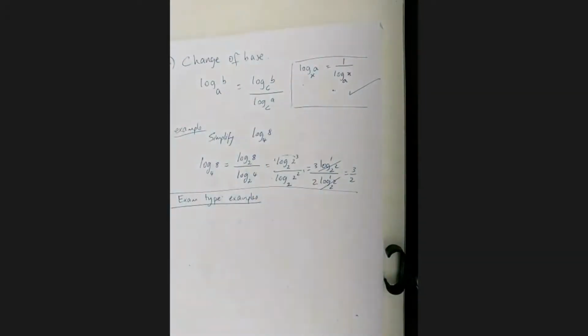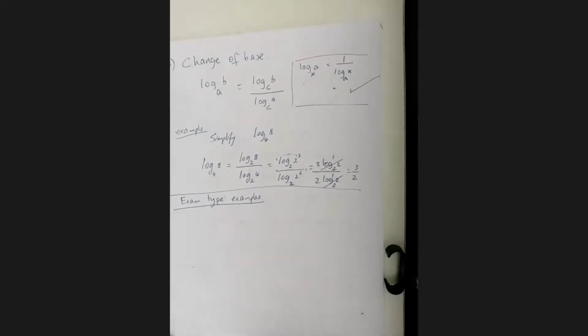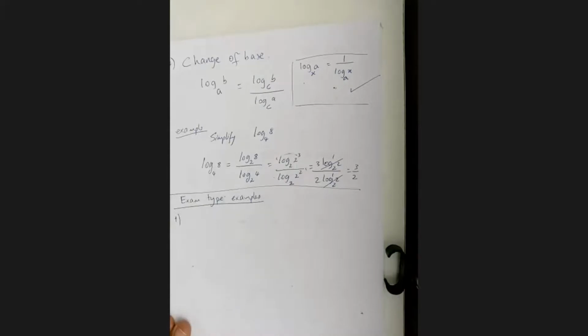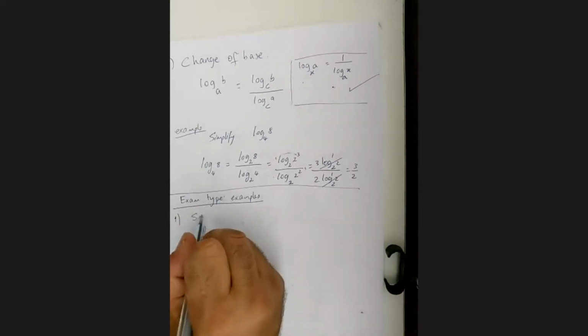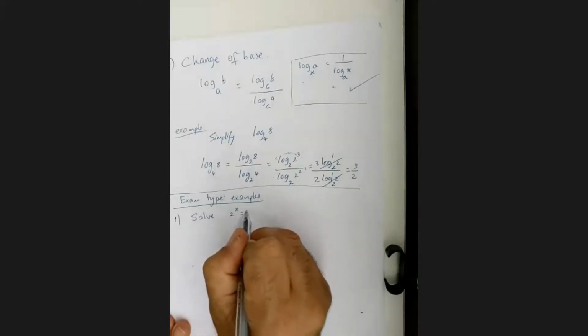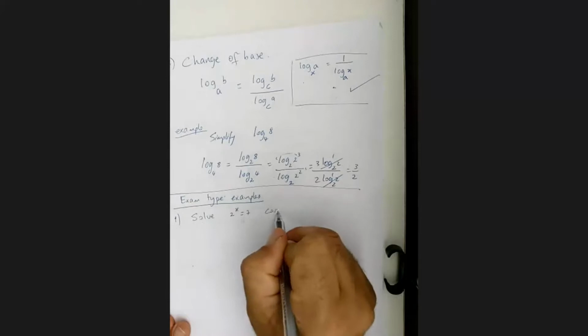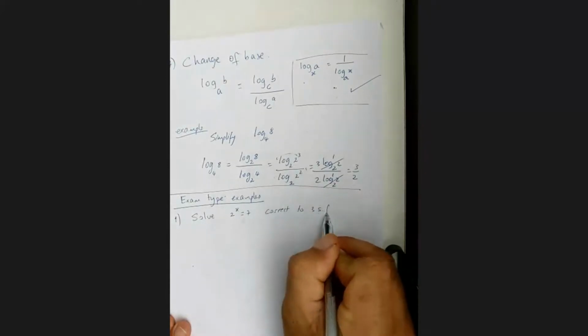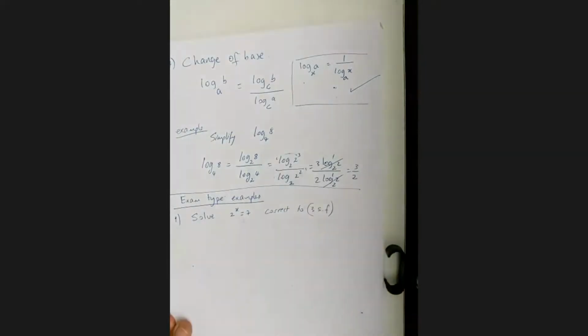Now, exam type examples. Now I am going to use my calculator to help me and solve some questions. Question 1. Solve 2 to the power of x is equal to 7, correct to 3 significant figures.